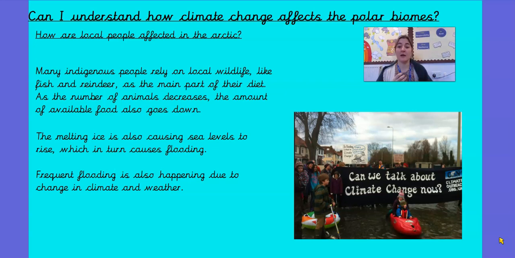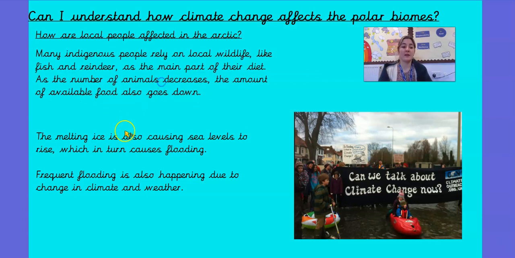They've learnt to live and hunt off the land. Now, because the wildlife is decreasing, it means that the amount of food that's available to them goes down. So it might mean that the number of people living there or choosing to live there is getting smaller. So it's having an effect on them.